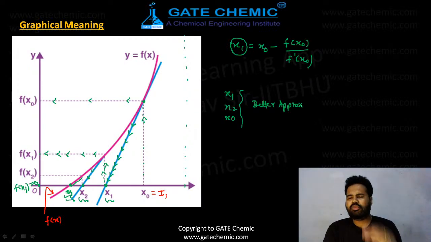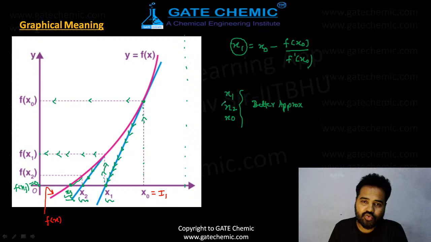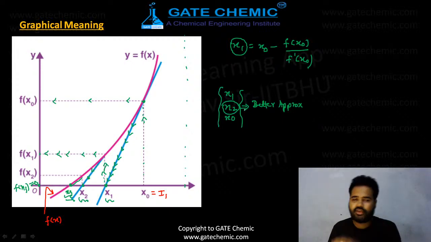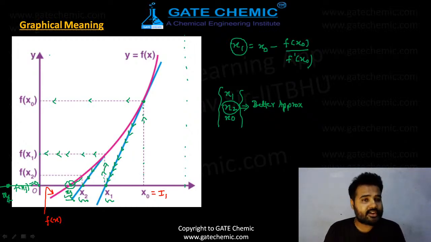This problem was already asked in a previous year GATE examination. Absolutely correct beta, x2. Out of these three, x2 is your better approximation. They can also give you here one point as your x4. So x4 is also not a better approximation because it is far away from this real value x3. Okay. So I hope each and everything is crystal clear till now beta.